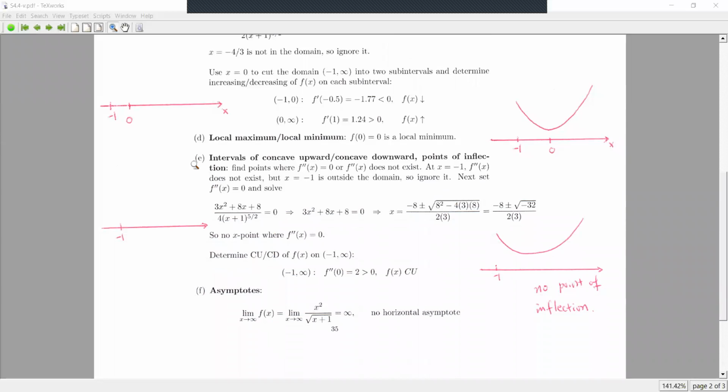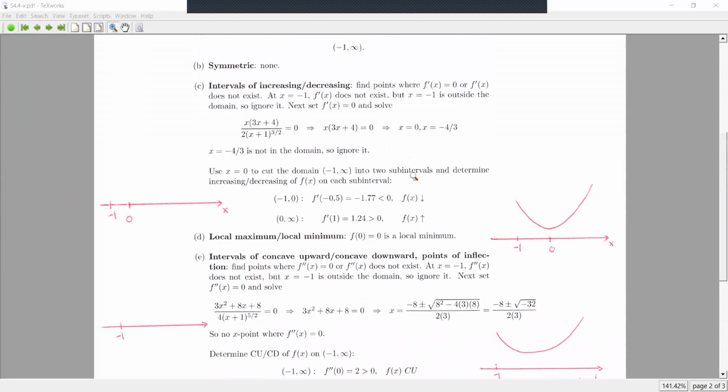Now step 5. Determine intervals of concave up and concave down. For concave up and concave down, you need to consider the second derivative. To find intervals, first find points where the second derivative is 0 or doesn't exist.